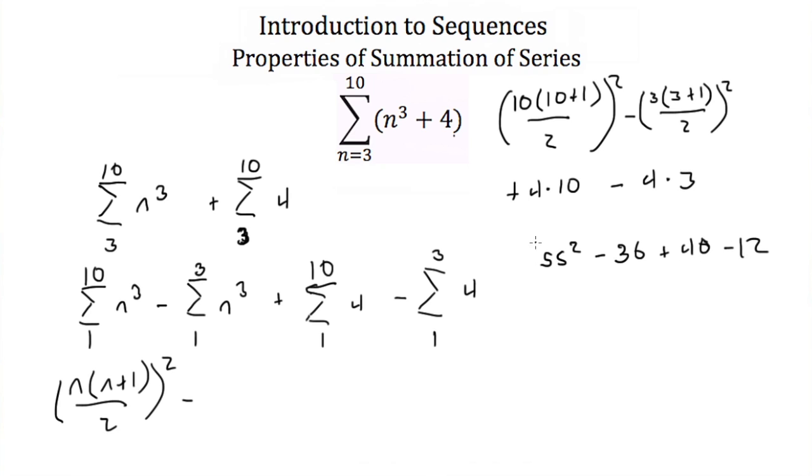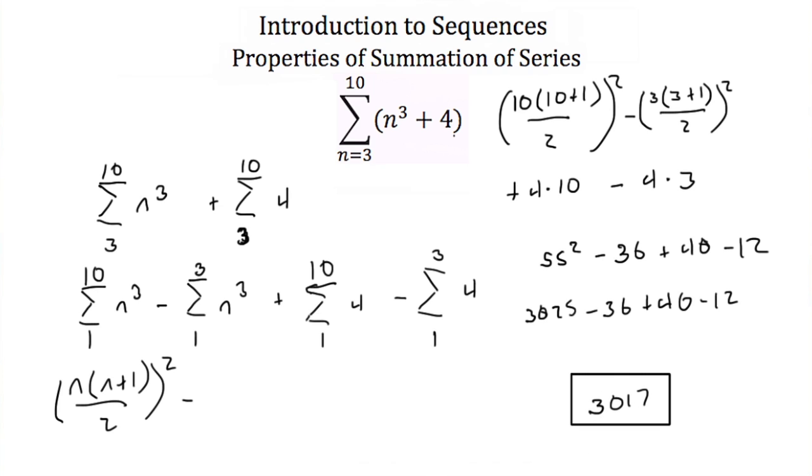Now 55 squared is 3025, minus 36 plus 40 minus 12. This will all come out to be 3017.